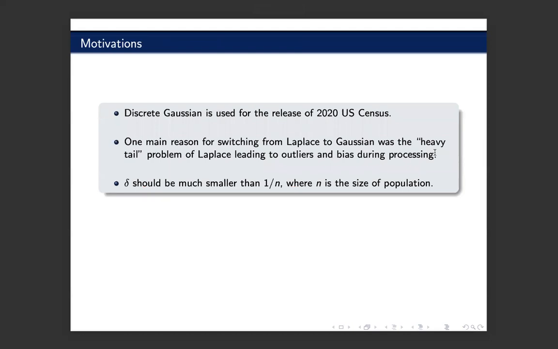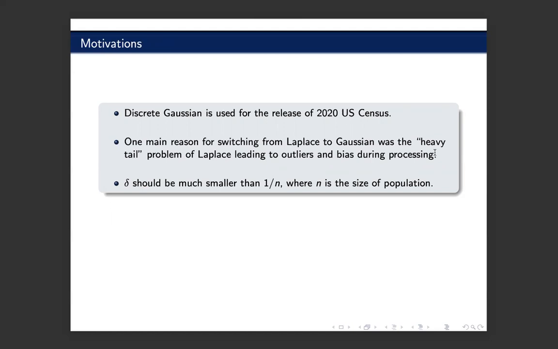In fact, in April 2021, they announced that the US Census moved from discrete Laplace, which is a geometric distribution, to discrete Gaussian. There is a recording, I can point you to it.